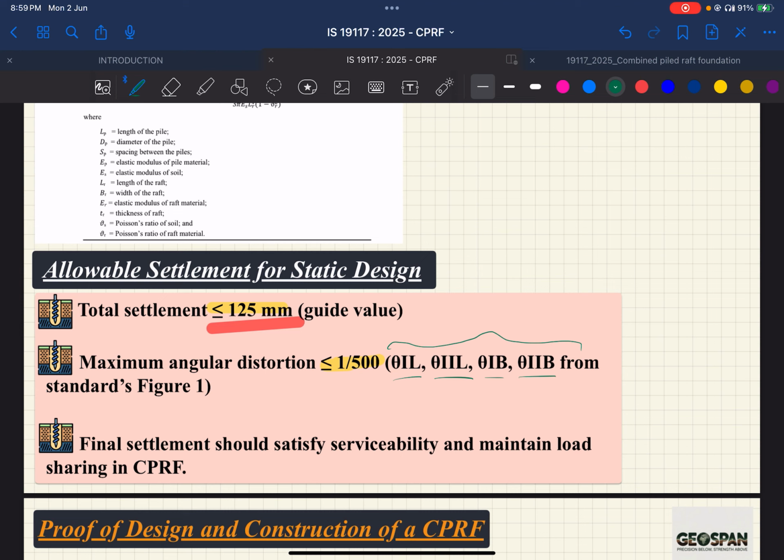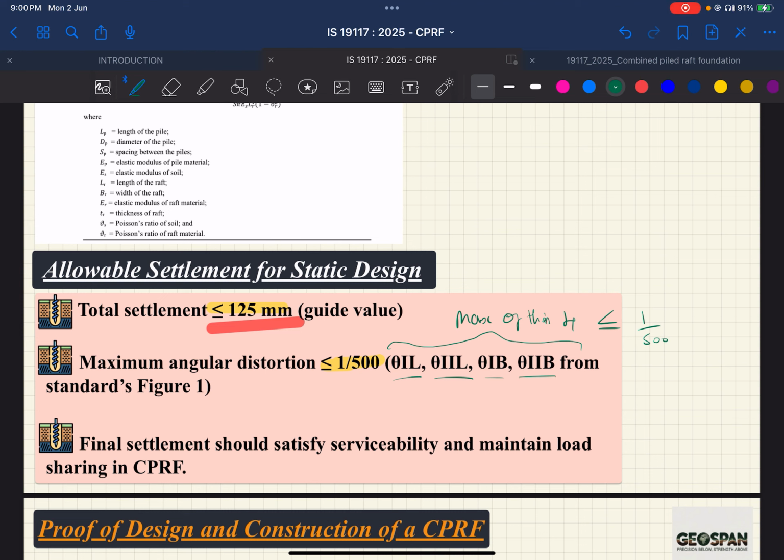The maximum angular distortion is taken as the maximum of these four and compared with 1 by 500. It should not be more than 1 by 500.